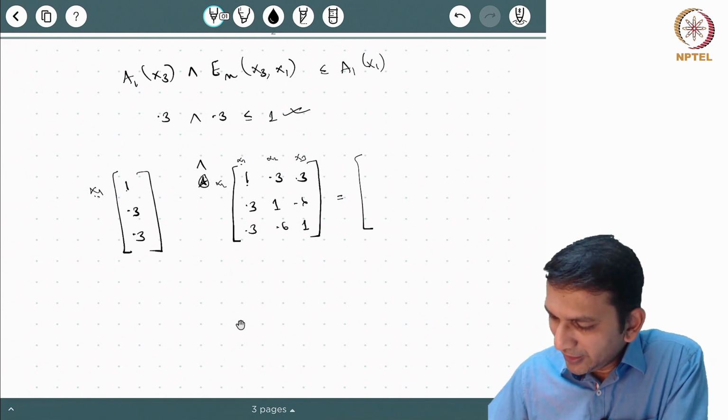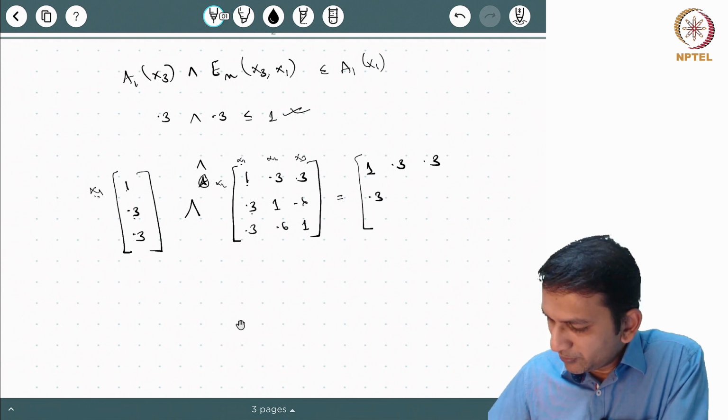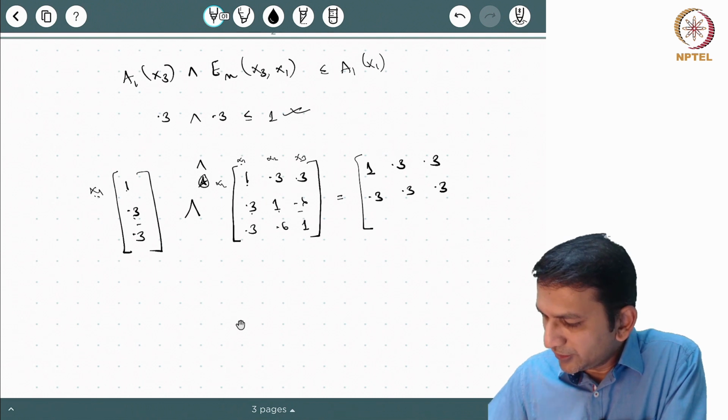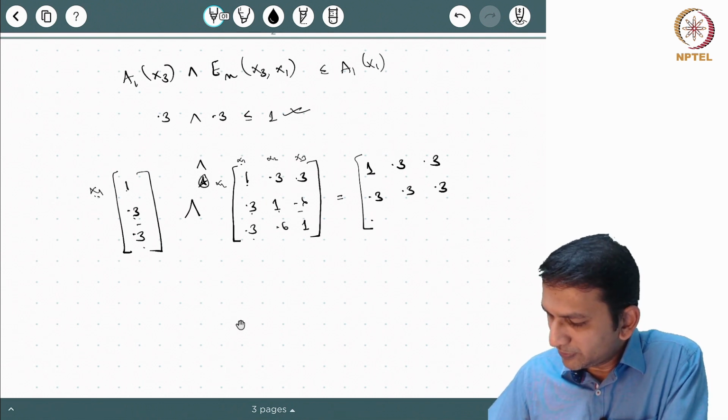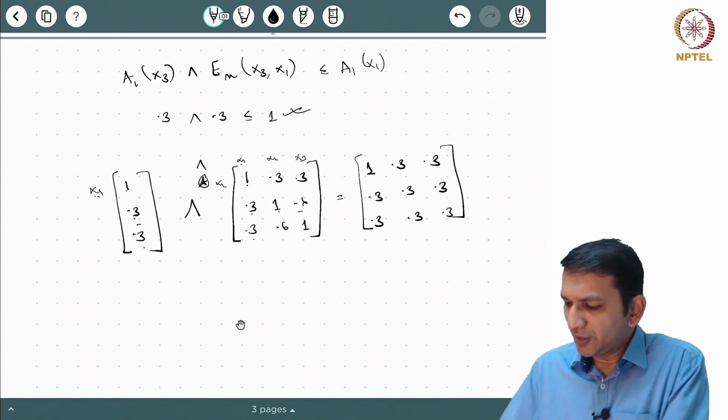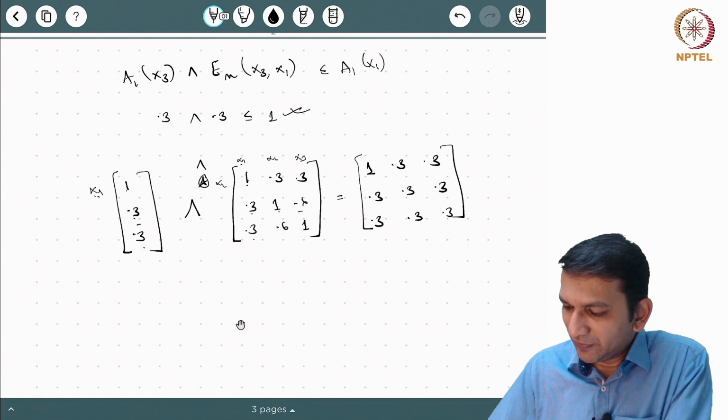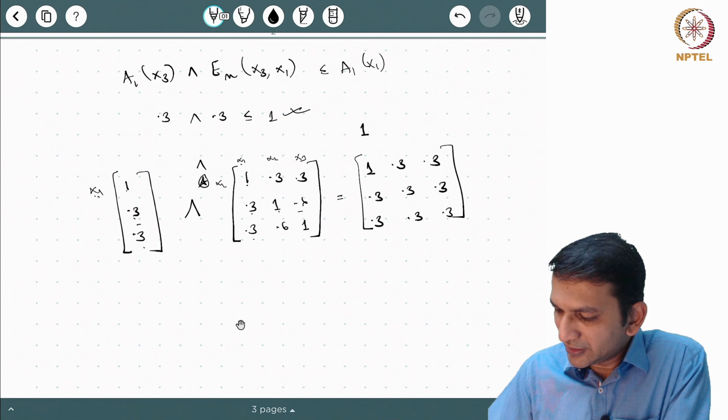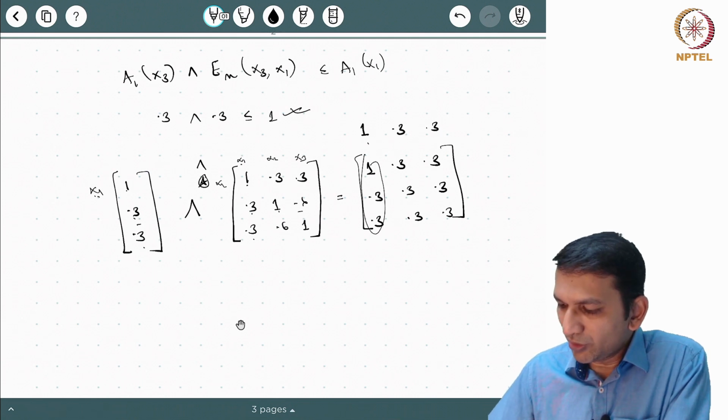So if we take it as this matrix, now we are using minimum here: 1 and 1 is 1, 0.3 and 0.3 is 0.3, 0.3 and 1 is 0.3, 0.3 and 0.6 is 0.3. Similarly, 0.3, 0.3, 0.3, 0.3. Now, what do we need? We simply need that the max of this should be smaller than this.